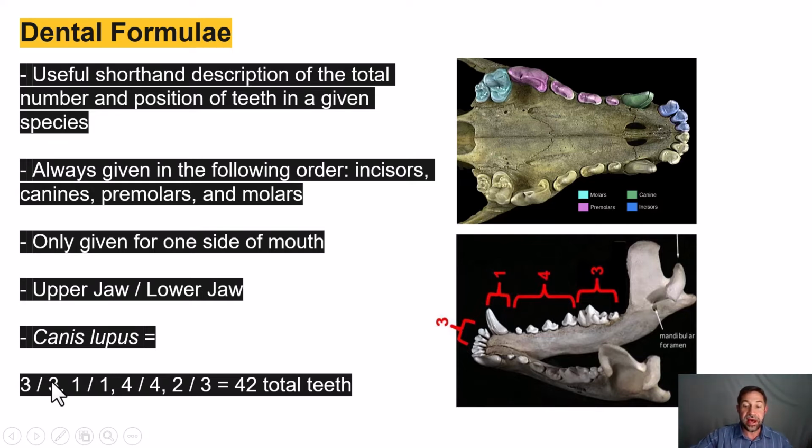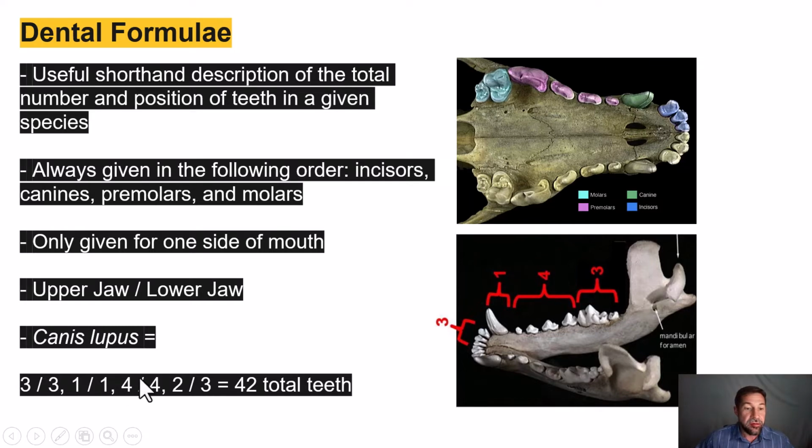Okay, so here we have a wolf, Canis lupus, and you can see 3 incisors on top, 3 incisors down below, 3 canines, 1 and 1. There's always just one pair of canines if they're there.